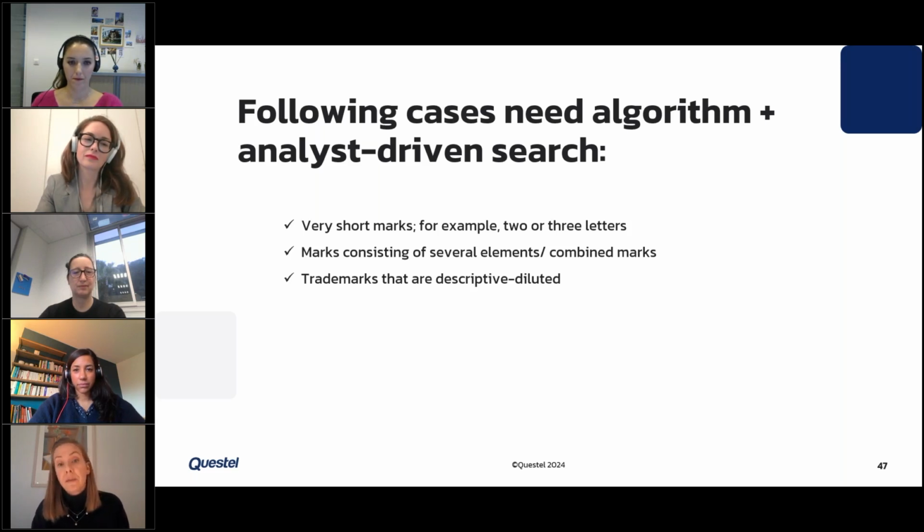Then marks consisting of several elements, or combined marks. So I'm thinking about slogans or trademarks that have a very distinctive element in combination with a weakly distinctive element. And then trademarks that are completely descriptive or diluted. In all of those 3 cases, I think the hardest fact to deal with is that an algorithm will give you a very large set of results.